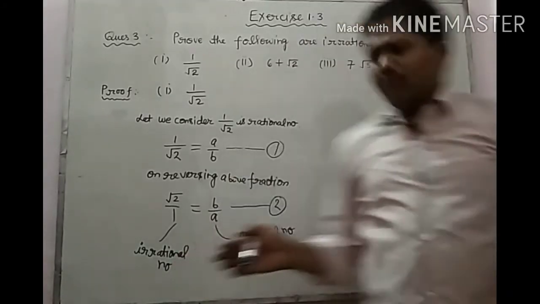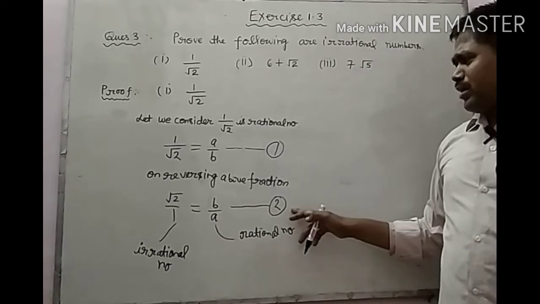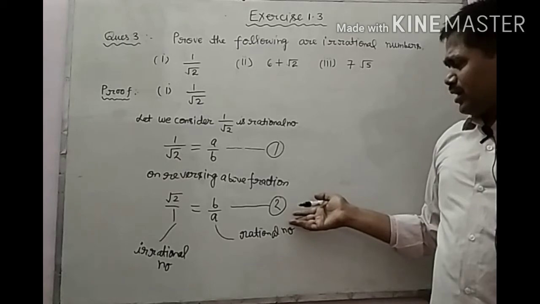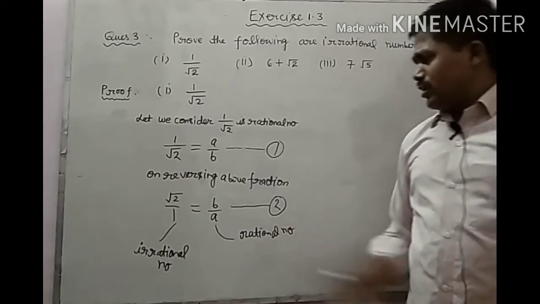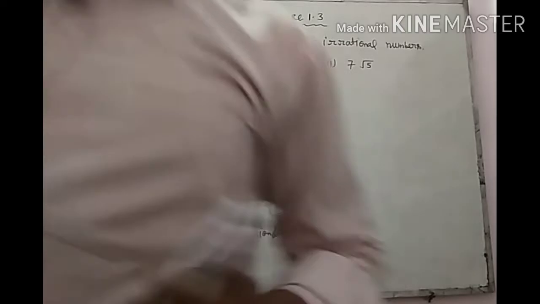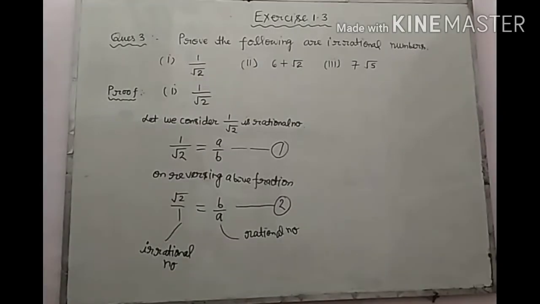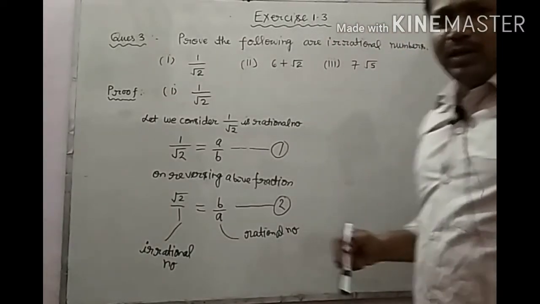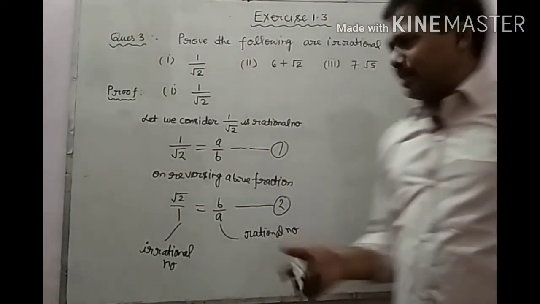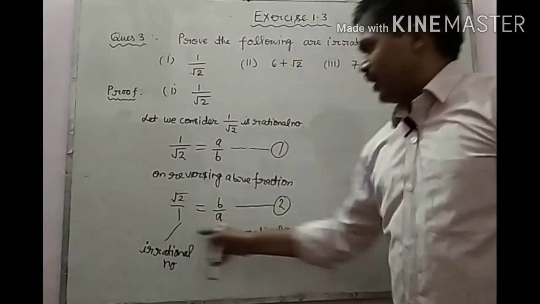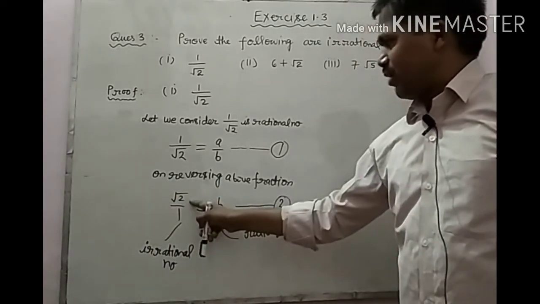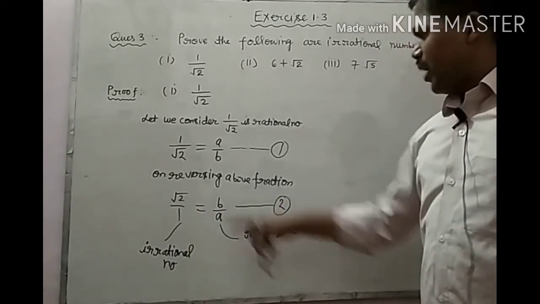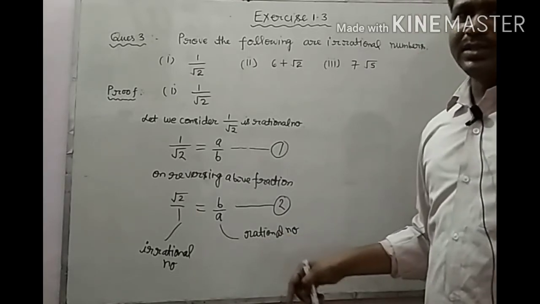Students, from equation 2 it is clear that on the left side root 2 is given, which is an irrational number, and on the right side b upon a, which is a rational number.